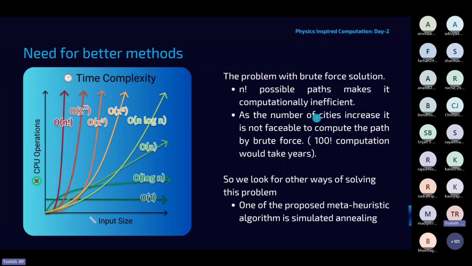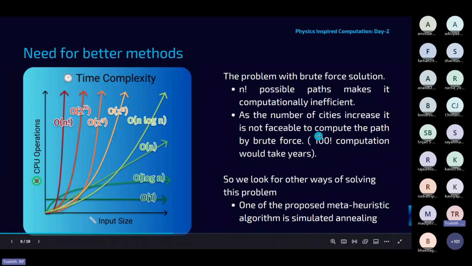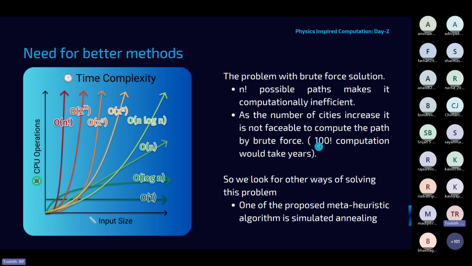Then you calculate the total distance of each of these tours and find the shortest among them. This is simple if n is something like 10, as 10 factorial computation is doable. But if you have 100 locations to visit, the computation would take years. So we would obviously look at better, more efficient and feasible solutions than going directly for the brute force method.